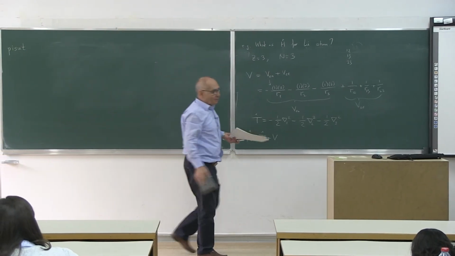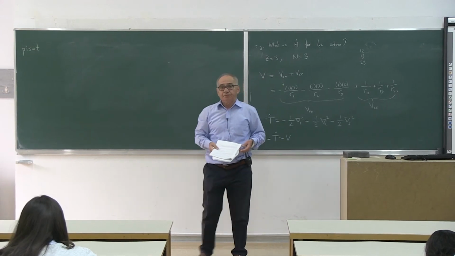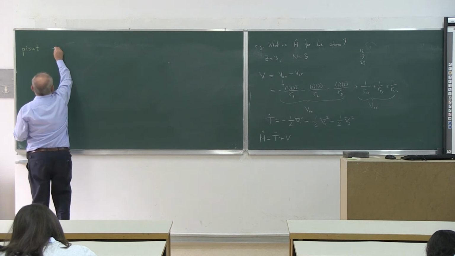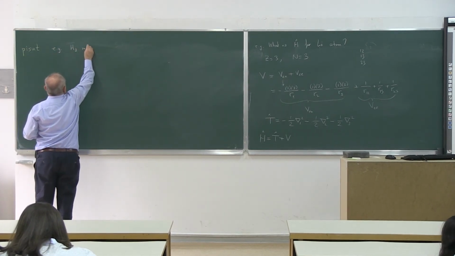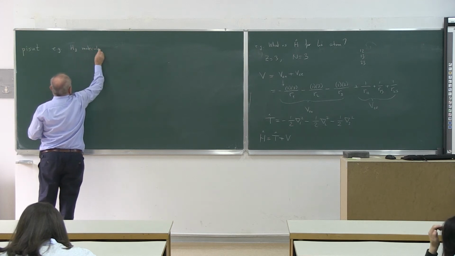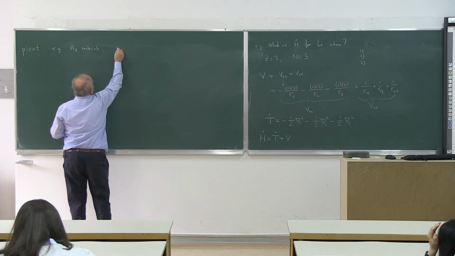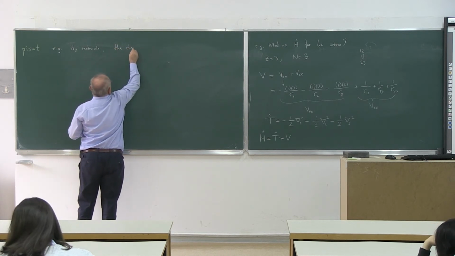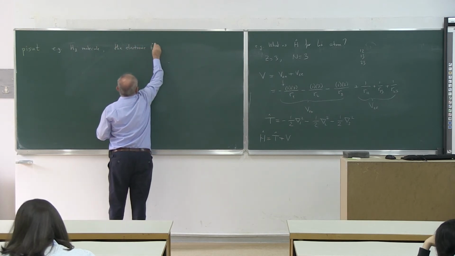Let's have one more example, this time for a molecule. Take the hydrogen molecule. And the question is the electronic Hamiltonian.